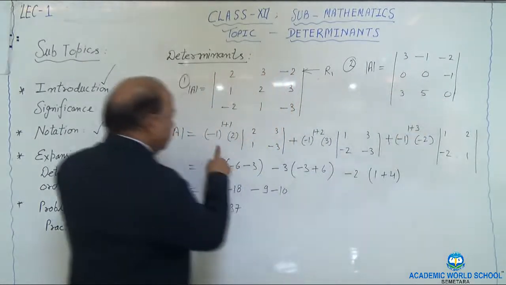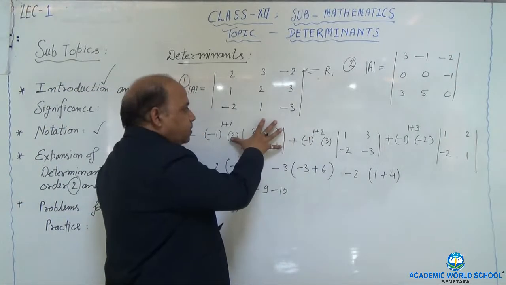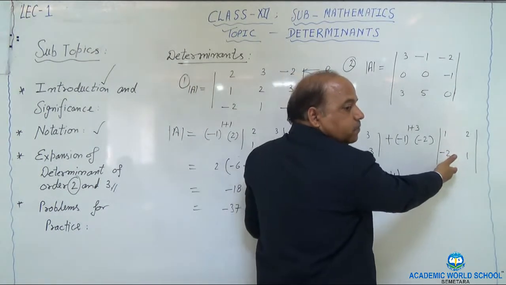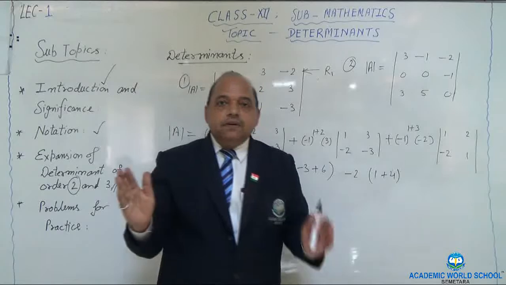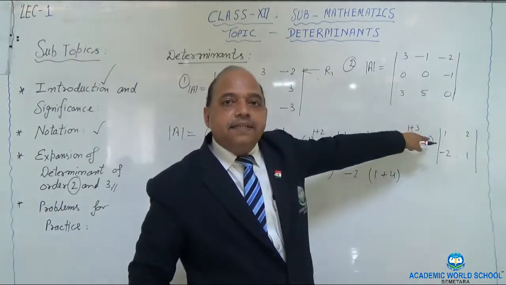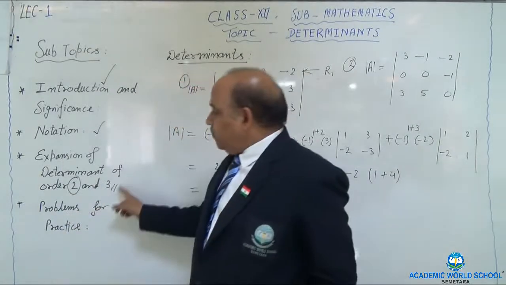So these two elements are becoming 0. So this whole product will become 0, and the only part which will be left is this one. Therefore, you can save your time and simplify this in a much easier way. So this is what we wanted to discuss.